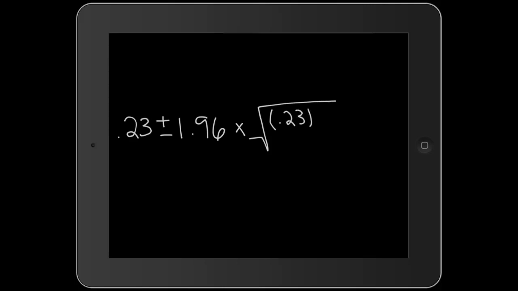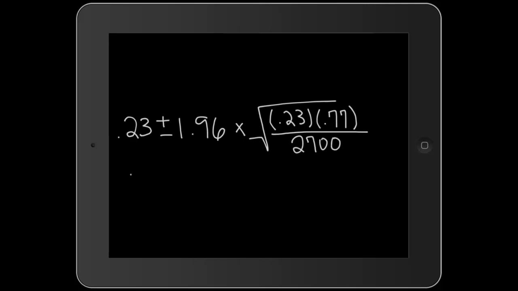Now the equation to find the percentage of teens, first you write the p hat, which is 0.23, plus or minus the confidence interval, which is 95%, which equals 1.96. You then times by the square root of p hat, 0.77, and I got the 0.77 by subtracting the 0.23 from 1, and you put all of that over 2,700, which is the total amount of teens surveyed.